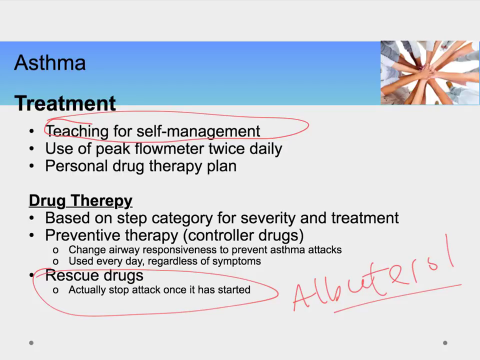There's another drug that a patient may take, and this has made a lot of difference in the treatment of patients with asthma. It's called a leukotriene modifier. Remember we talked about the inflammatory immune response that occurs when a patient with asthma is exposed to their triggers.